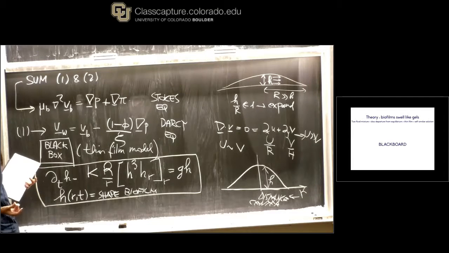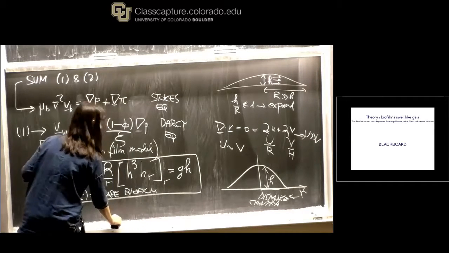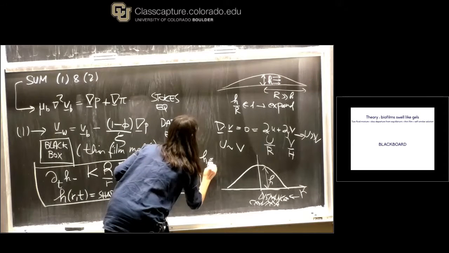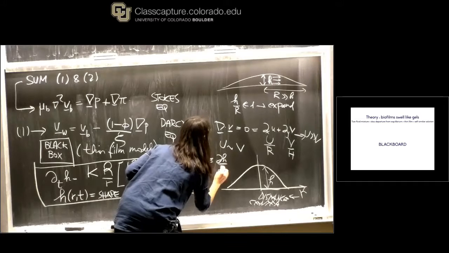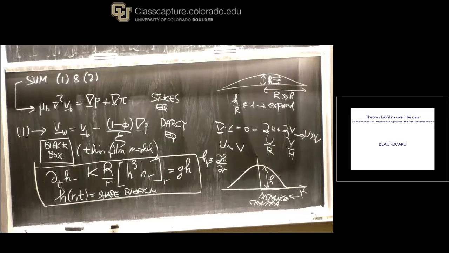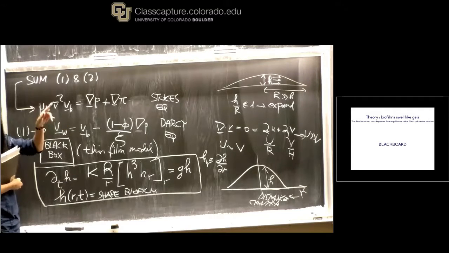The subscript is a derivative. h_r equals dh over dr. Do you understand the notation? Sorry, I don't know why I always write it this way. It's a mixture of notations. Is this confusing? Should I write it out?